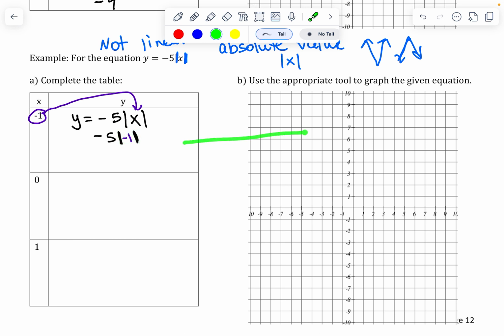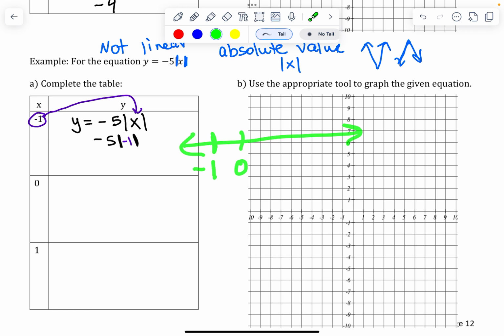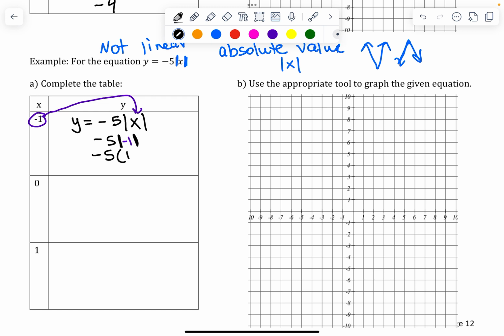If we were looking at a number line with 0 in the middle, we would ask how many spaces away from 0 is -1? We would count 1 space, so that makes it positive. Anytime you see an absolute value bar, you take the positive of the number inside the bar. So this becomes -5 times +1, which is -5.